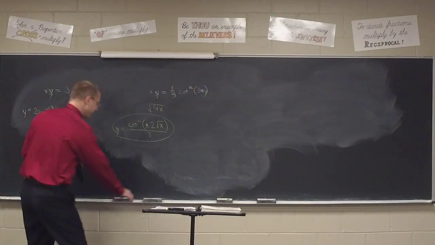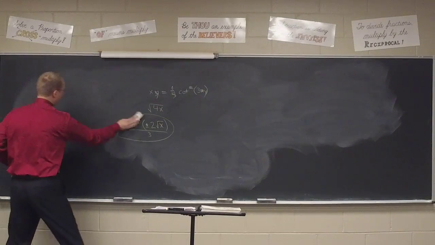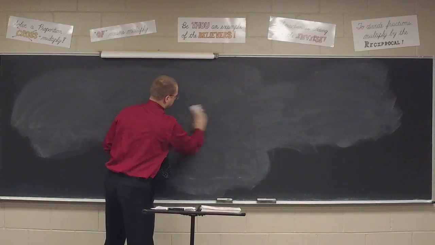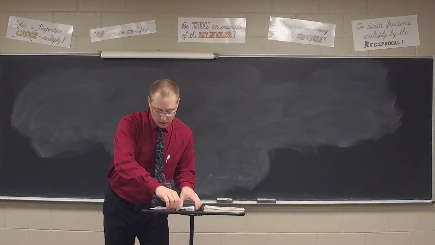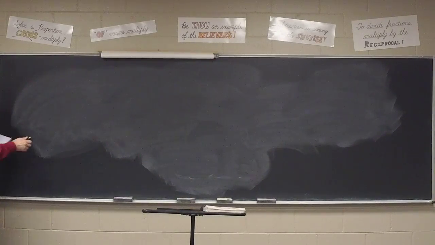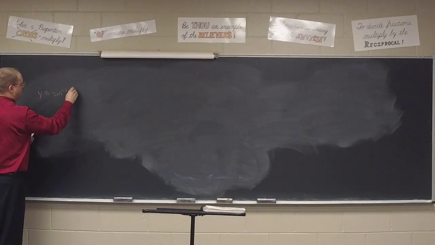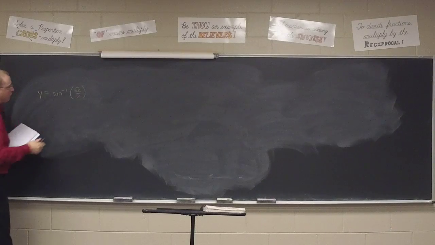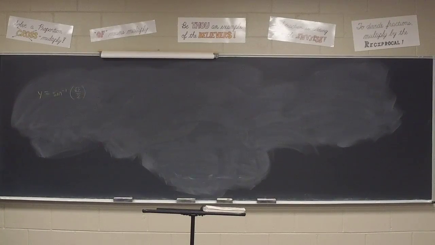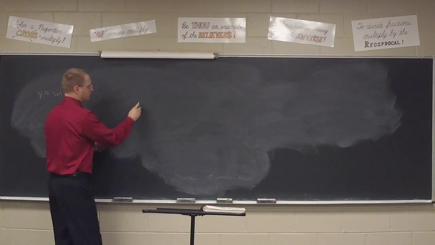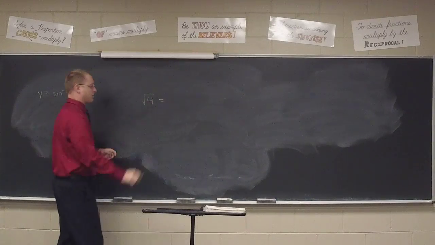All right, anyway, so how will we actually use this? Write this down. y equals the arc sine of the square root of 2 over 2. Now, I want to point something out. If I asked you, what's the square root of 4, class?